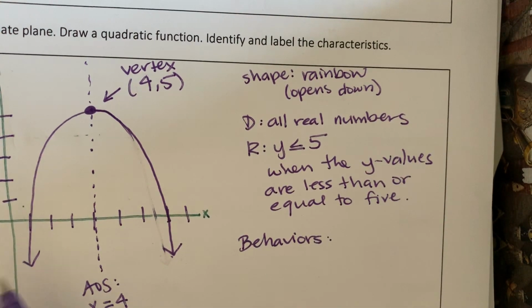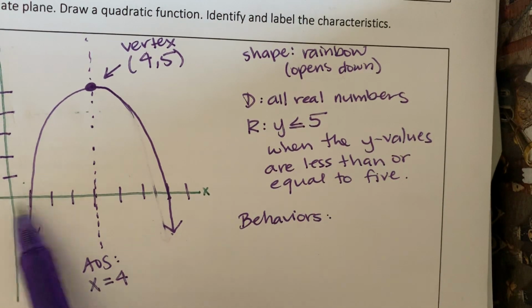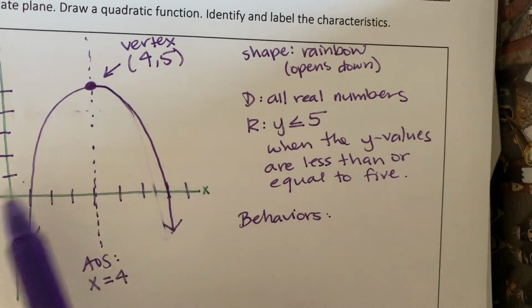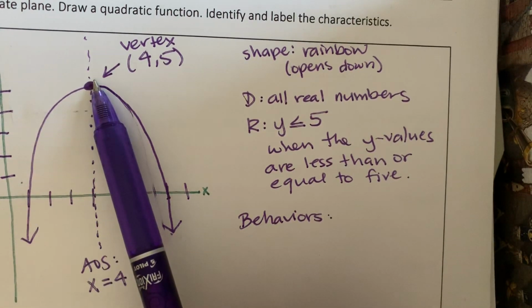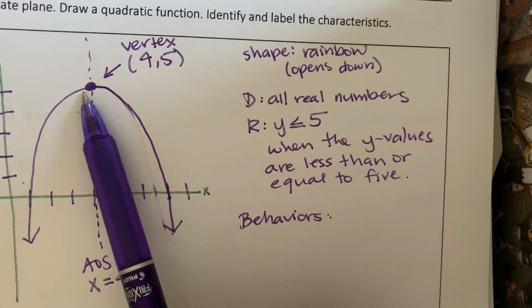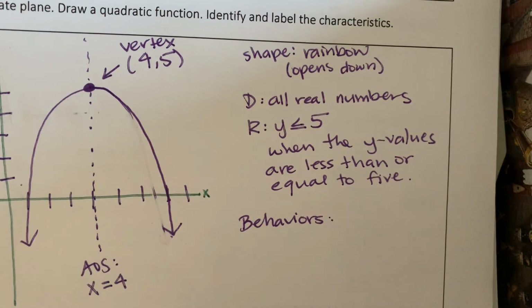So the behaviors of this graph are that it is increasing, right? If we walk left to right, we're walking up to the left of the vertex, and we're walking down to the right of the vertex.